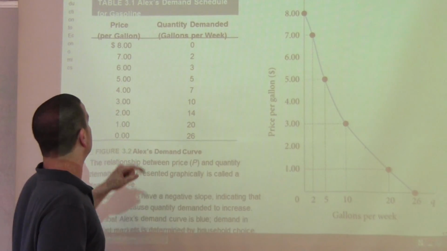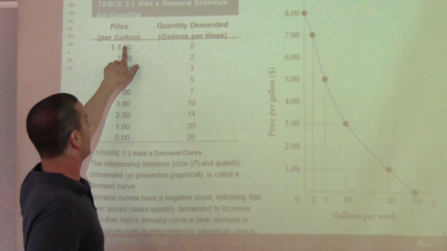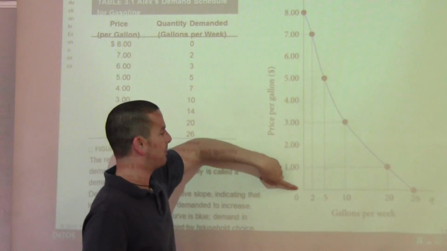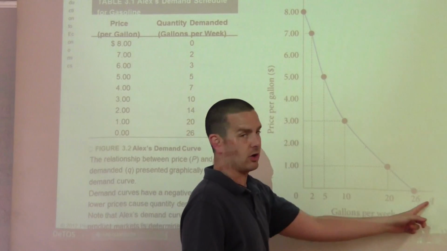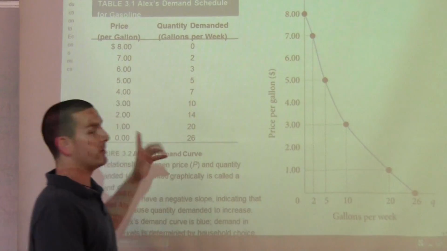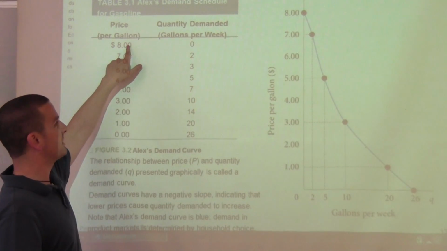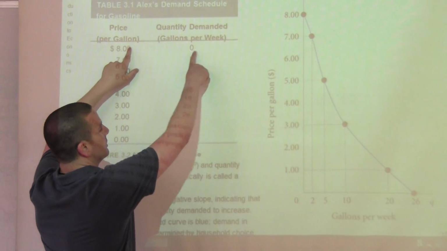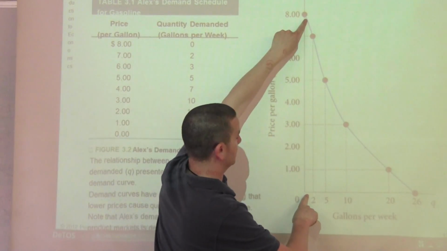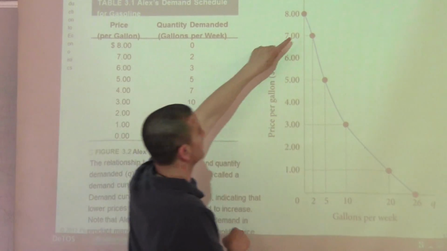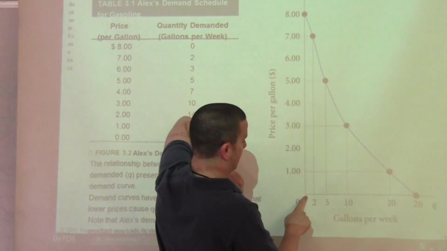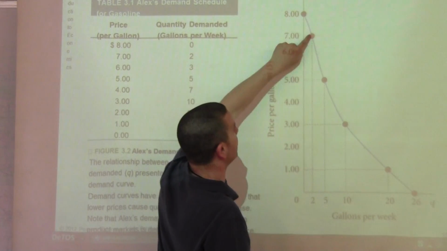So what we have here is a price. I mentioned that price could go on the vertical axis and quantity goes on the horizontal axis. So price of $8 and 0, that's 0, 8. Then we have 7, 2. For 2 gallons, $7.